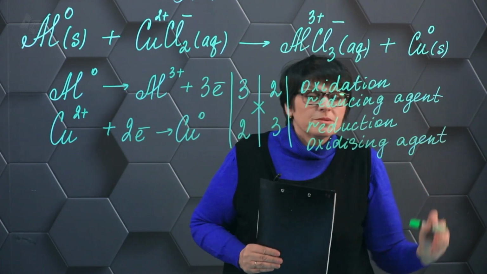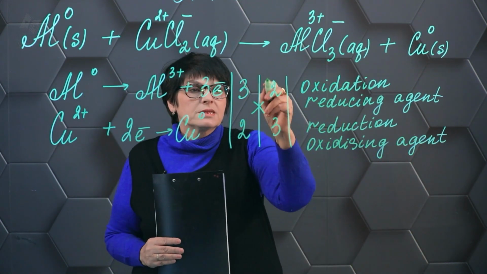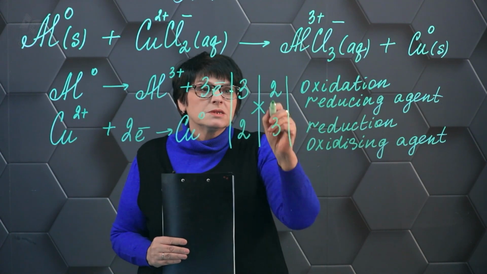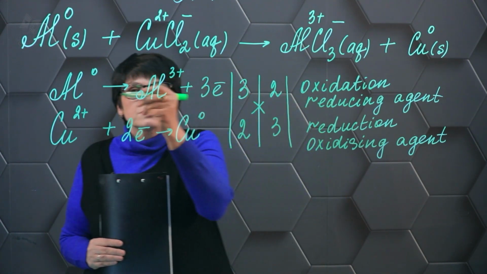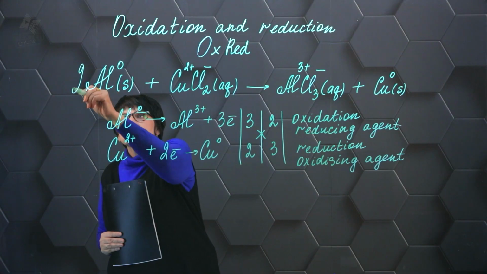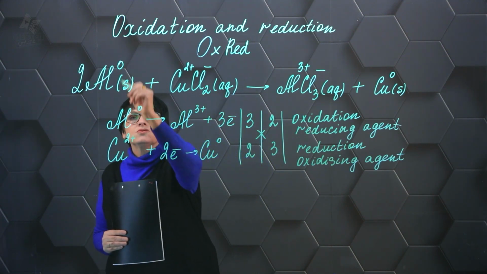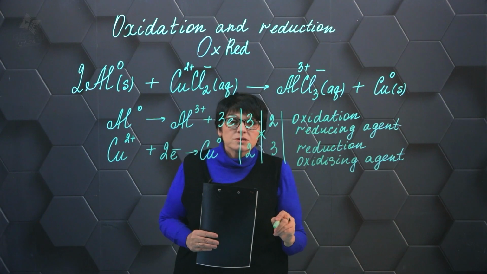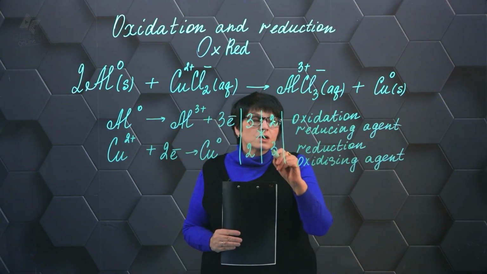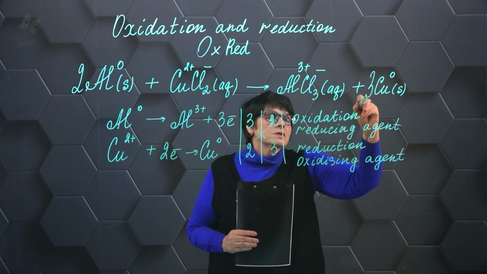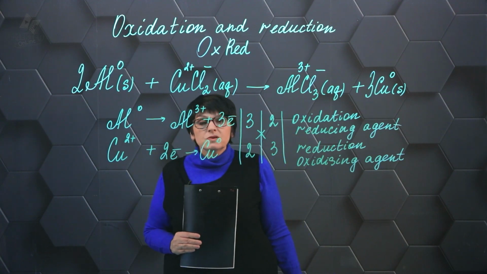Now how do we arrange the numbers we've got? These are called the basic coefficients. We have a 2 in the aluminum row, so we'll put that 2 in front of aluminum. I draw your attention, the first coefficients are put in front of the 0 charge. The 3 will go to copper with 0 charge. There's a rule of arrangement in this case. Now aluminum on the left is 2.